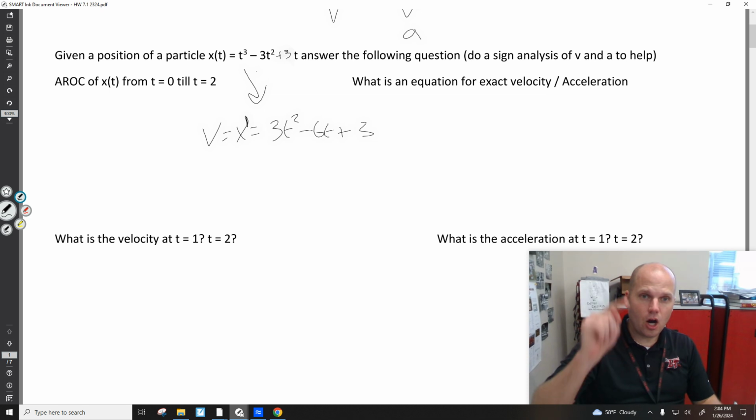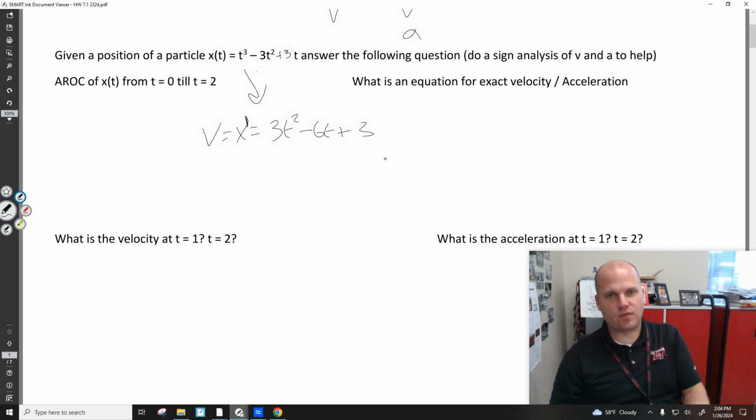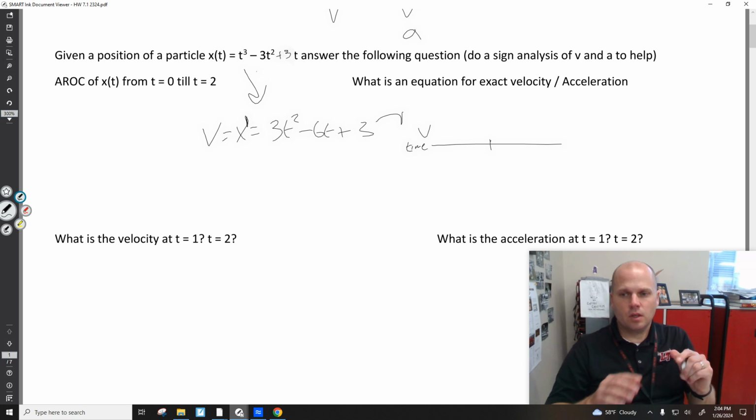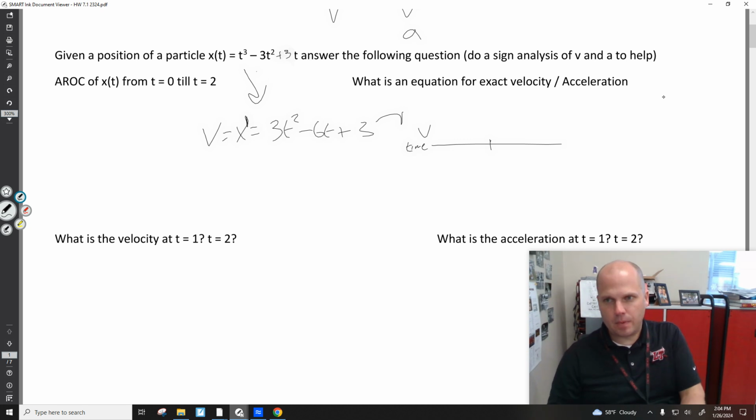Now, understanding a sign analysis of this. A sign analysis of v talks about times. This is different from what's happening with my dude who's moving to the left and to the right. Those are now positions, and time floats above his head.